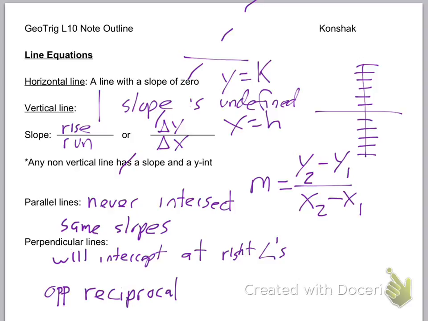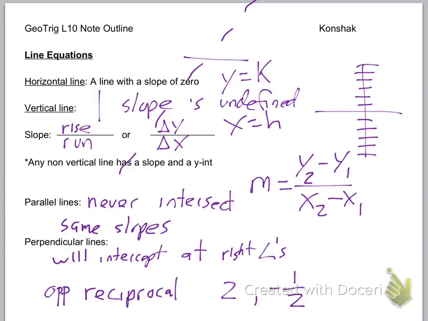Reciprocal. Oh, that's opposite reciprocal slopes, guys. Which means if one's positive, the other one is negative. Example: 2 is the first slope. Your next slope would be negative 1 over 2. Opposite reciprocal slopes.